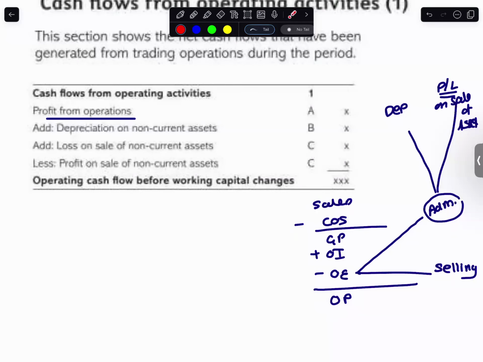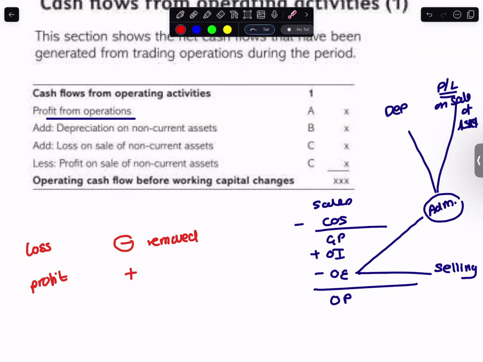If it was loss on sale of asset, I have removed it. And if it was profit on sale of asset, I have added it. Are you with me?